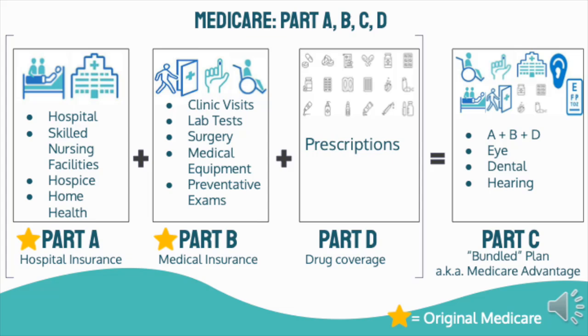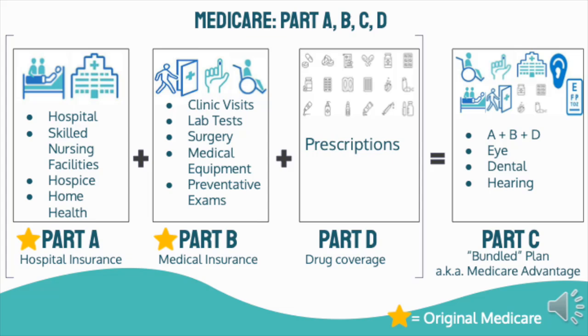So what does each part of Medicare cover? Part A of Medicare coverage is generally known as hospital insurance. Part A covers costs attributed to hospitals, skilled nursing facilities, hospice, and home health. Part B Medicare coverage is generally known as medical insurance. Part B covers costs attributed to clinic visits, lab visits, surgery, medical equipment, and preventative exams.